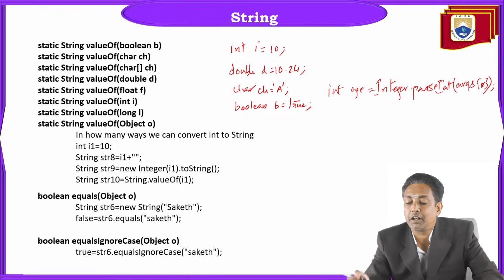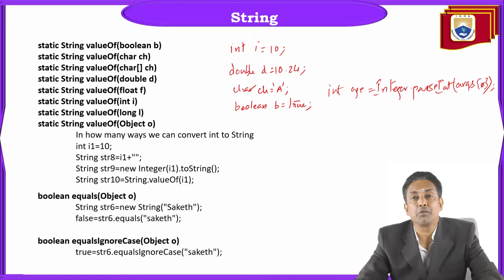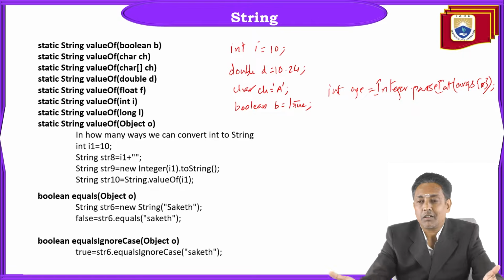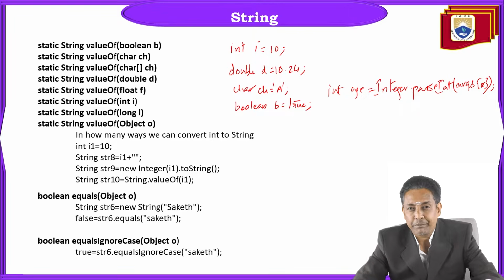Similarly, price will come, or your salary, or the fee amount you paid will come through a command line argument, args of 1. If that is a floating point value, you use Double.parseDouble of args of 1, and you get that fee amount or price or employee salary. So we have learned how to convert string to int or string to double.